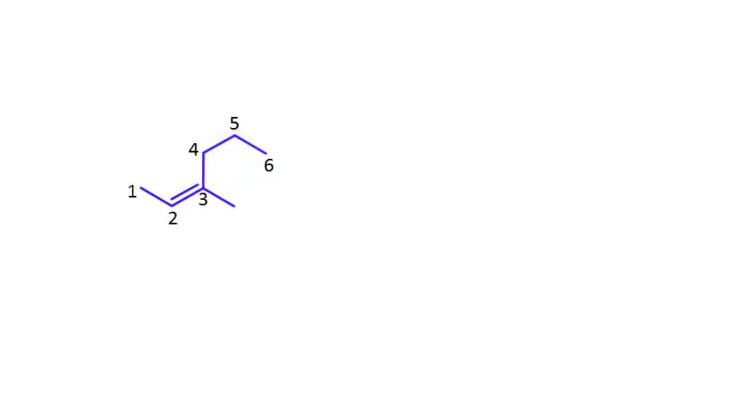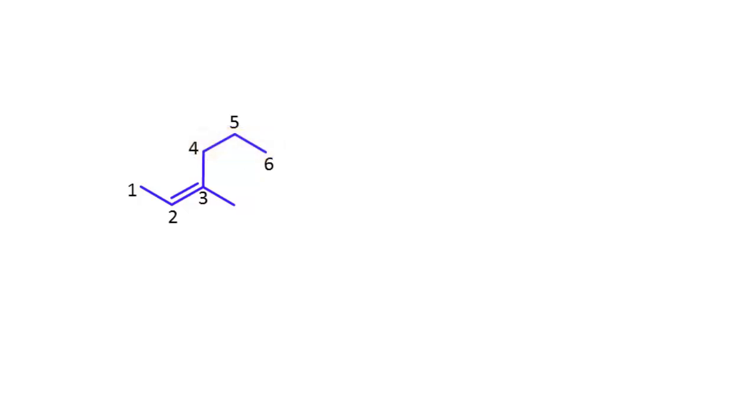At carbon number 2, the higher priority is the heavier methyl group over the single hydrogen. At carbon number 3, the higher priority group is the heavier propyl group, which has 3 carbons and 7 hydrogens. This has a higher molecular weight than a methyl group with 1 carbon and 3 hydrogens.